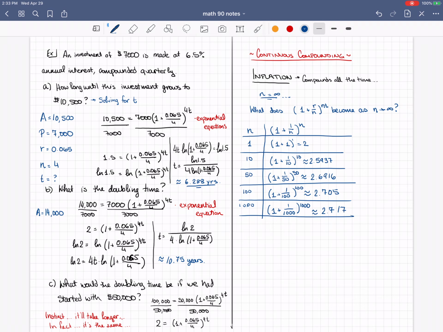And at that time I said e is this number, it's the natural exponent. So we'll have a little recall moment. The number e is called the natural exponent. Perhaps a better name for it would be the natural base, but I don't decide the names. And it's approximately equal to 2.718. Okay?